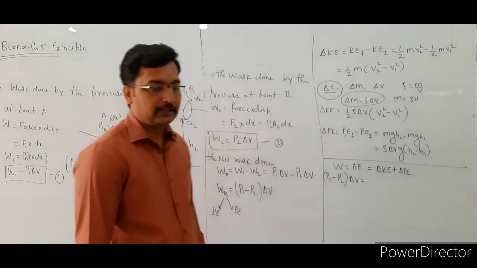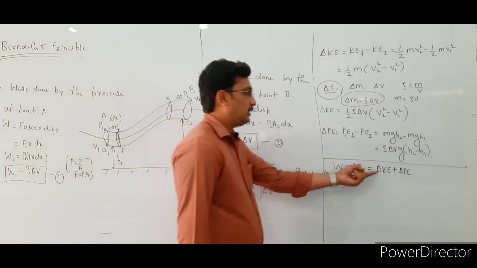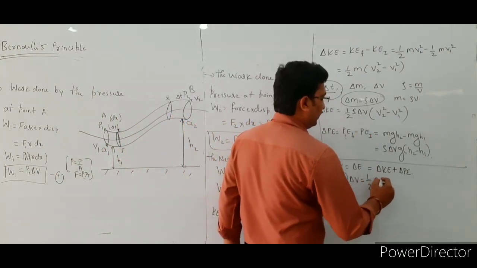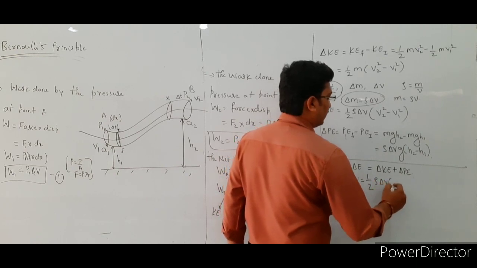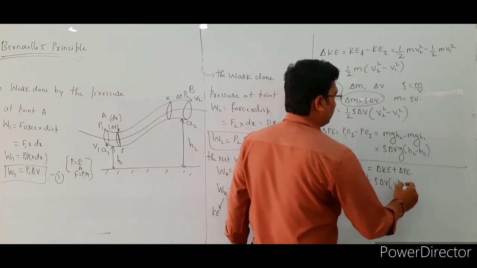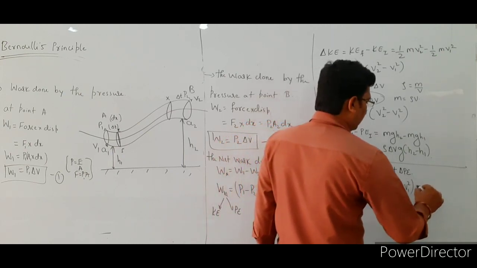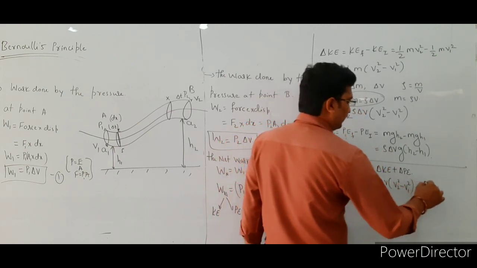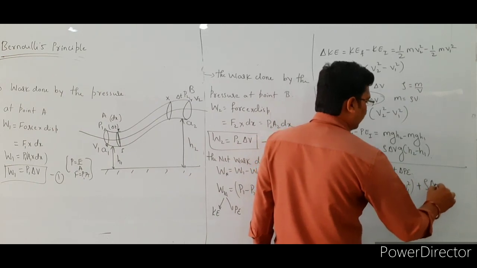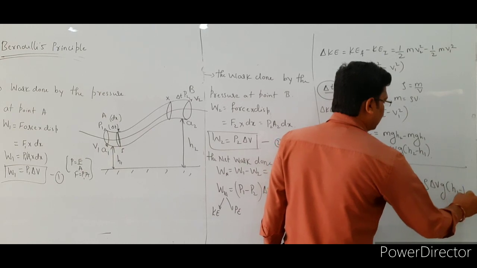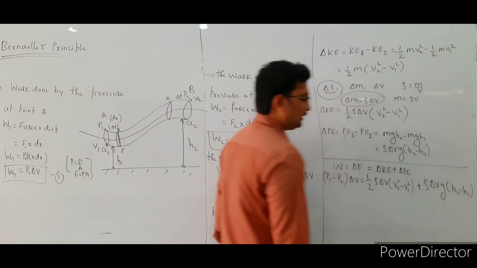The change in kinetic energy is 1 by 2 rho into del v bracket of v2 square minus v1 square, plus the potential energy change rho del v into g bracket of h2 minus h1.